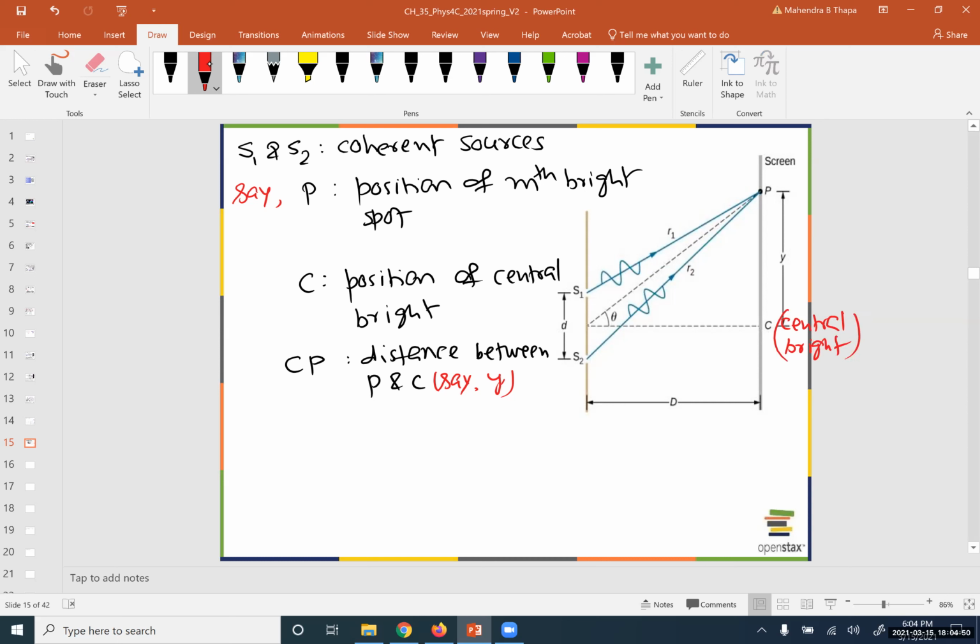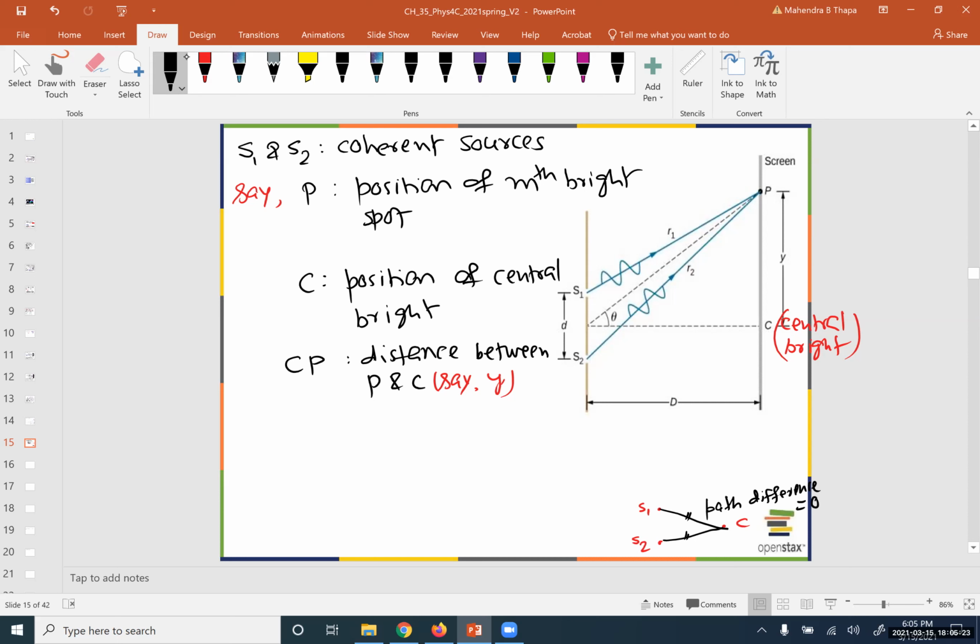Because from these positions, S1 and S2, the point C is at the same distance, equidistant. So if you consider the point C, these two distances are equal. This means the path difference will be 0. If the path difference is 0, this is the bright spot. So this will be the central bright.